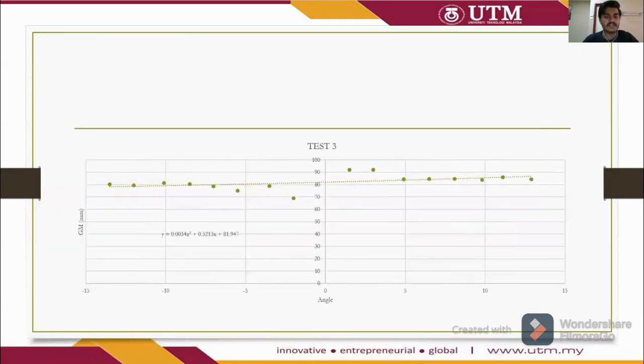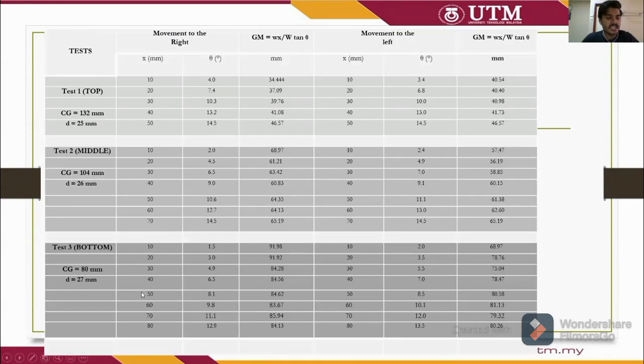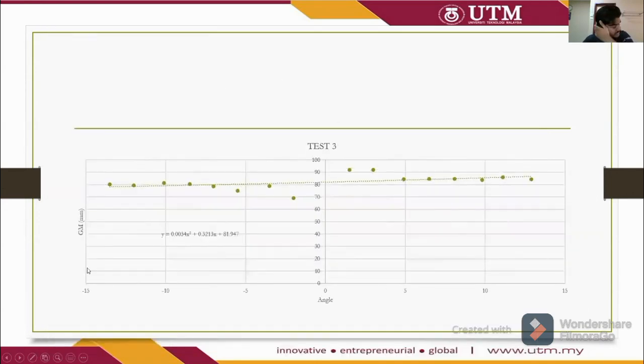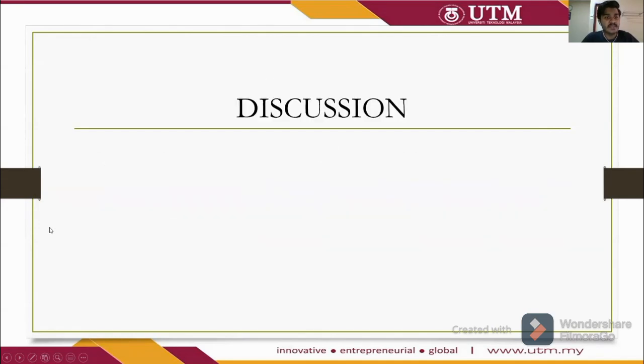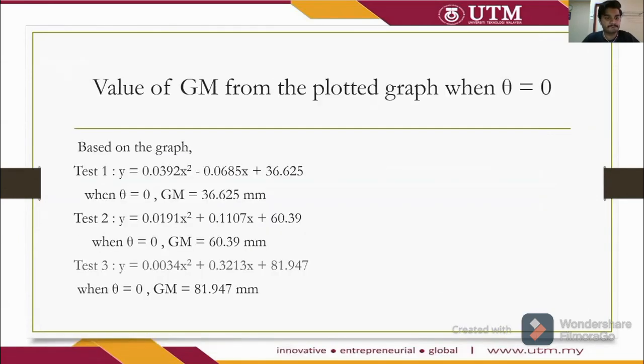Test 3 is stiffer compared to test 2 and test 1, which has a CG of 80 mm and diameter of 27 mm. We can conclude that the experiment with lower CG and bigger diameter has a stiffer graph compared to bigger CG and smaller diameter.